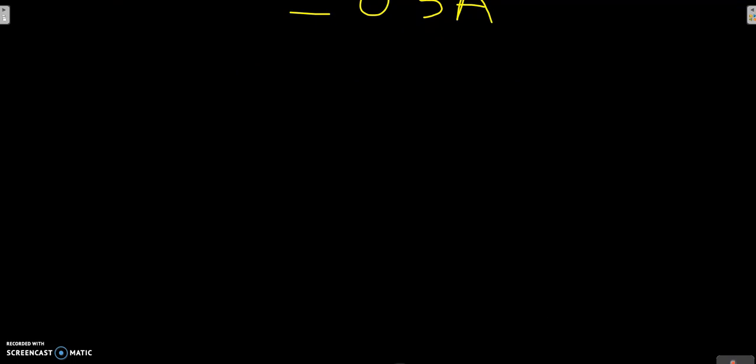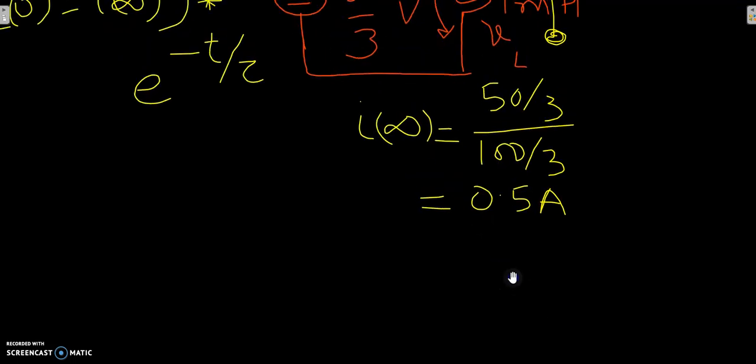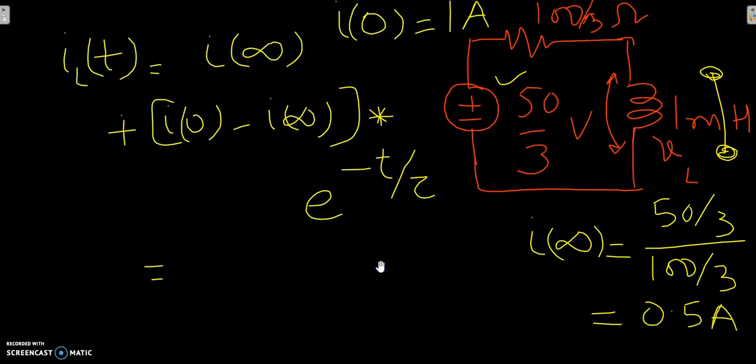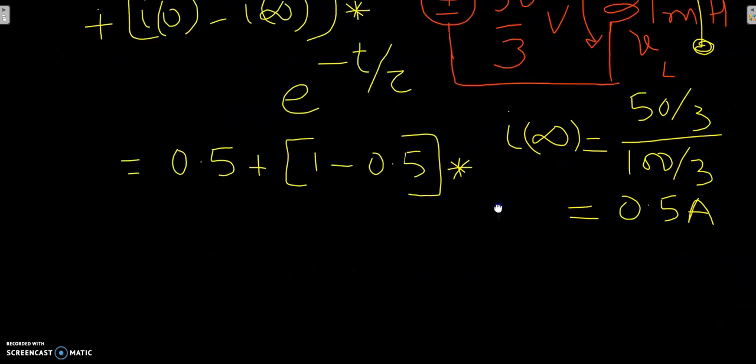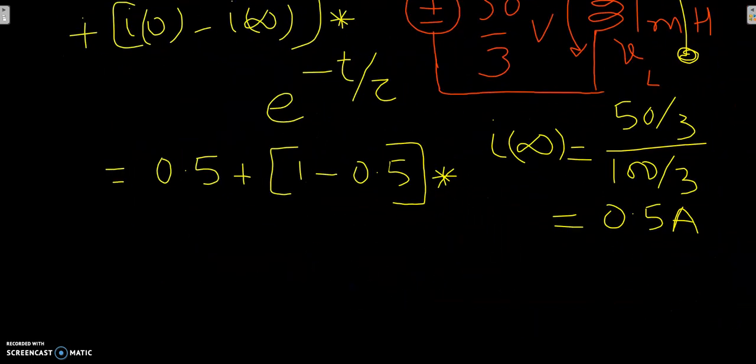Let us now try to find out this expression. So I infinity is 0.5, plus I0 is 1 minus 0.5 again, 0.5, into e to the power minus t by tau.